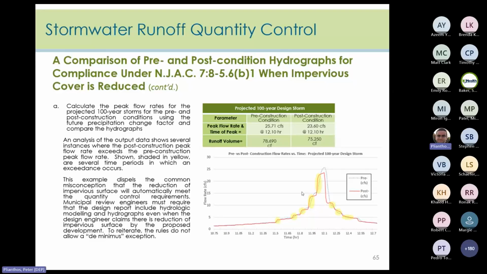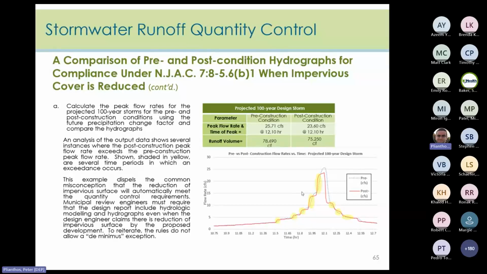Well, a summary of the results from the modeling software is shown in the table on the right side of this slide. Please note, to correctly calculate the time of concentration, first, P2 was calculated by multiplying the NOAA rainfall depth for the 2-year storm, which is 3.33 inches, by the future precipitation change factor, which is 1.16.